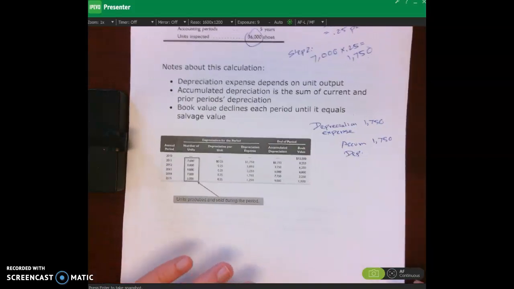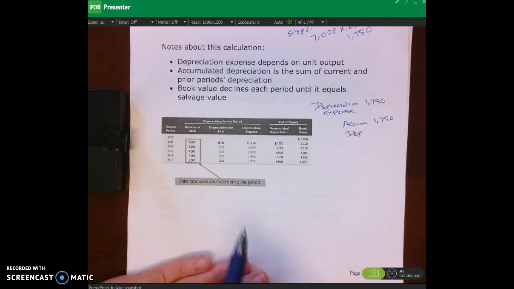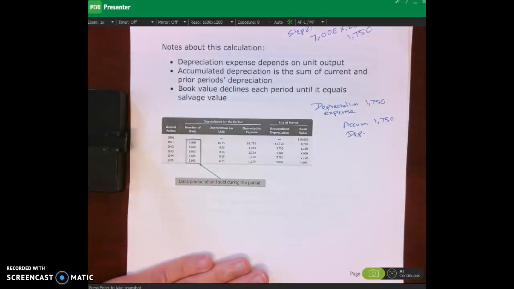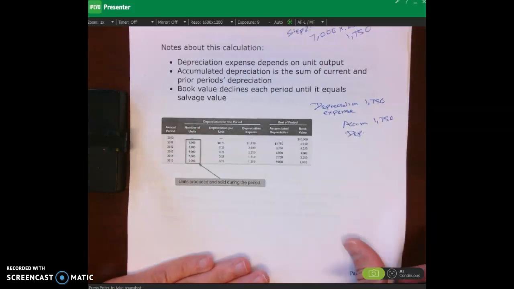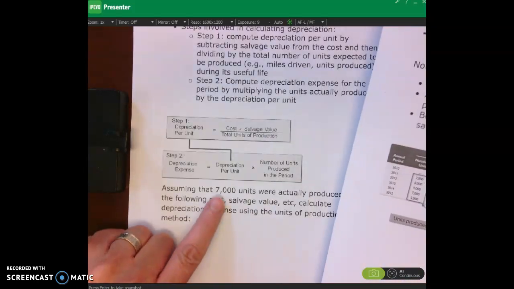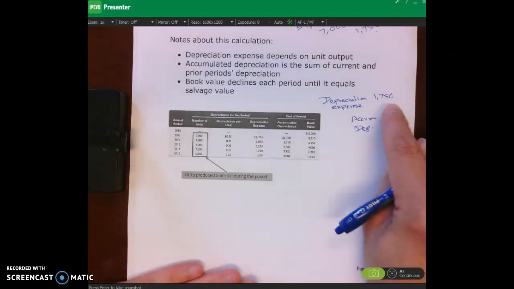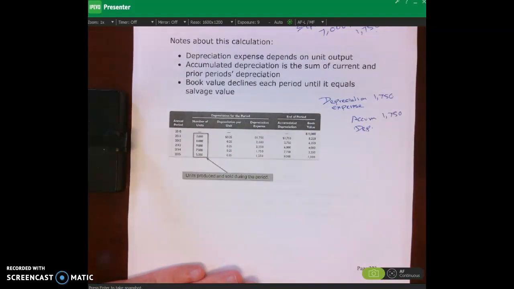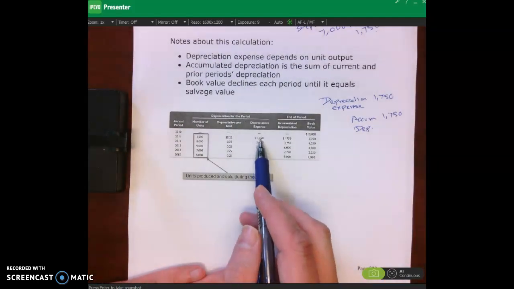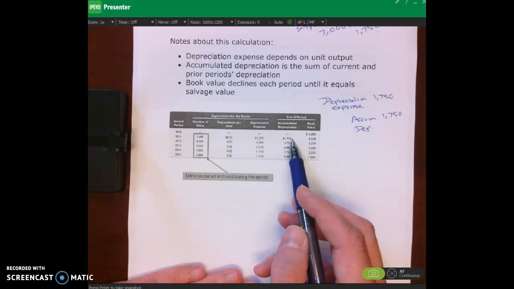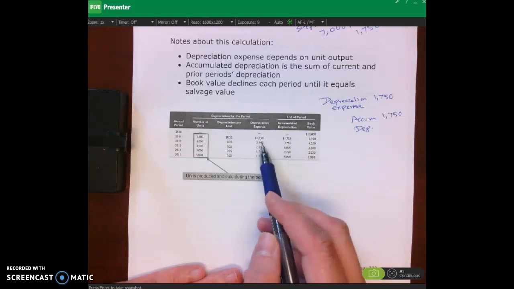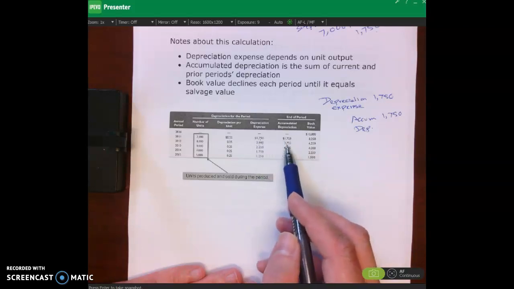Now, if we look over here at our depreciation schedule, depreciation expense depends upon the unit output. So if next year we do 9,000, well, then that would change the depreciation expense, right? Okay, so if we look over here, we can see first year depreciation expense was $1,750. The next year is $2,000, and then look at accumulated depreciation, $1,750 plus the $2,000 after. So after the second year, accumulated depreciation is $3,750.